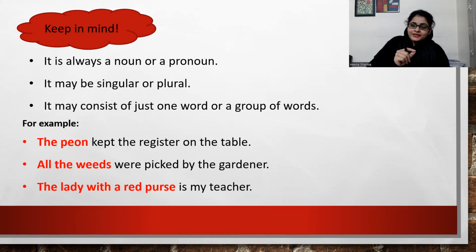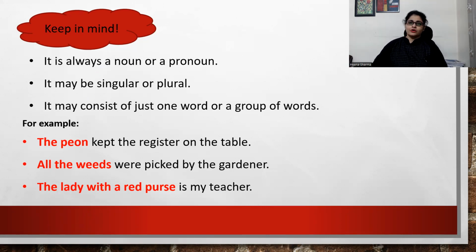Now, a few things to always keep in mind. A subject is always either a noun or a pronoun. We cannot say a verb can be a subject. We can't say that an adjective can be a subject. No, it is not possible. Noun or pronoun can only be the subjects.